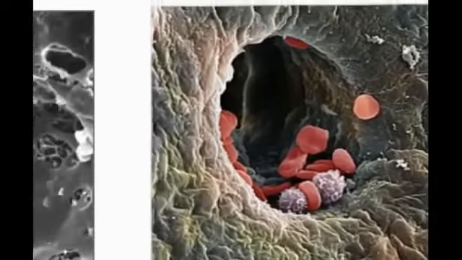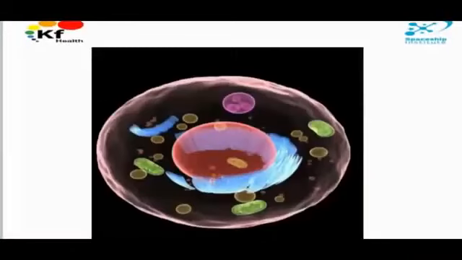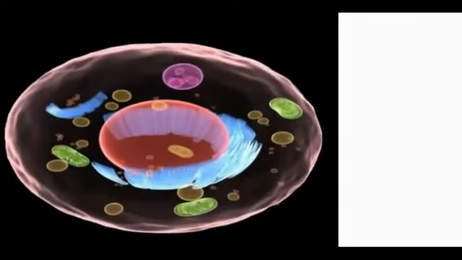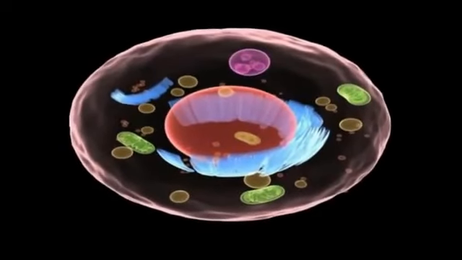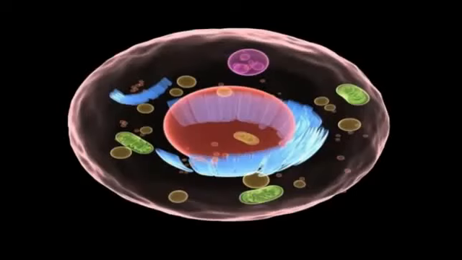Okay, then we go to the 15th slide. This is a 3D model of each cell of our body. And mostly cells have a spheric shape, have a nucleus, and different kinds of organelles inside.